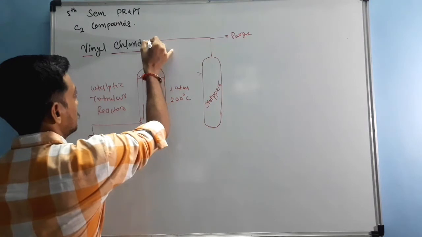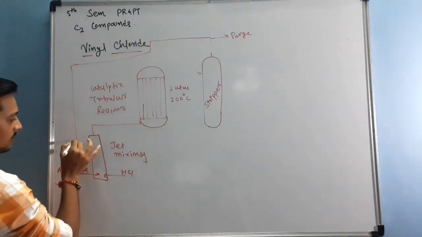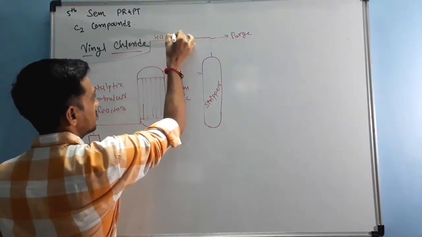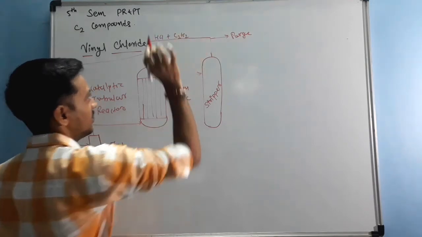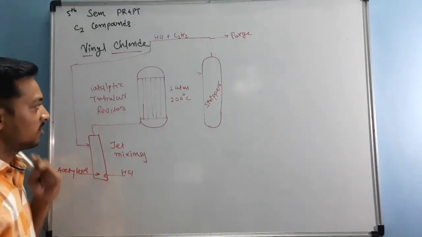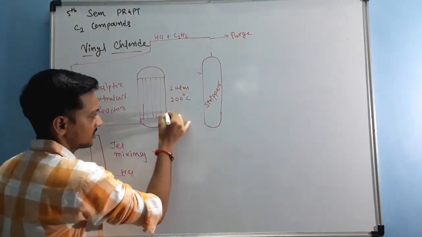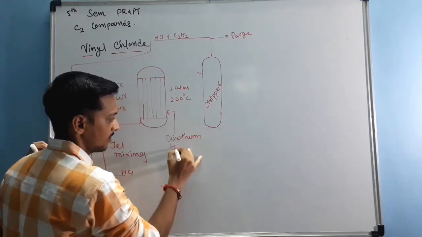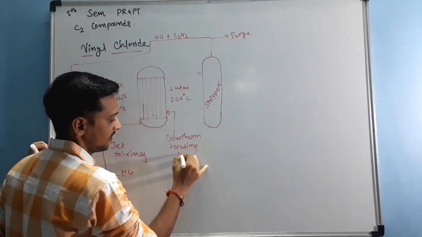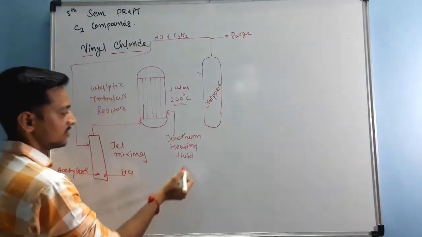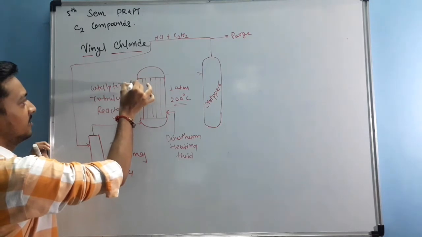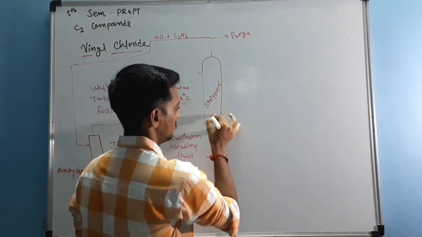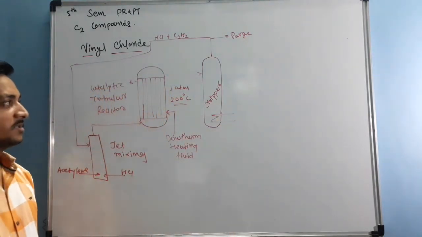In the tubular catalytic reactor we require a heating fluid, so Dowtherm heating fluid goes in to maintain the temperature, and here it goes out. In stripping, we also have to maintain some temperature.